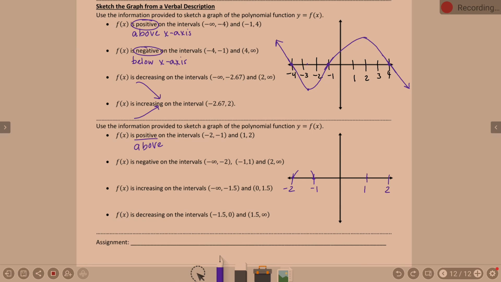And from 1 to 2, I'm going to be above. Right? Negative means we're going to be below. So from -infinity to -2, we're going to be below. From -1 to 1, we're going to be below. And from 2 to infinity, I'm going to be below.